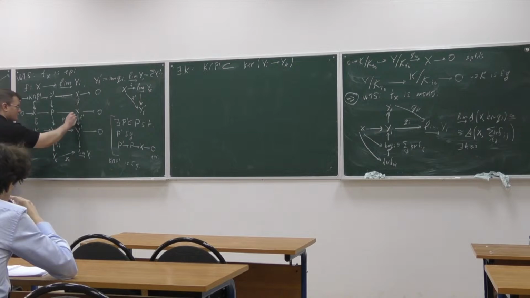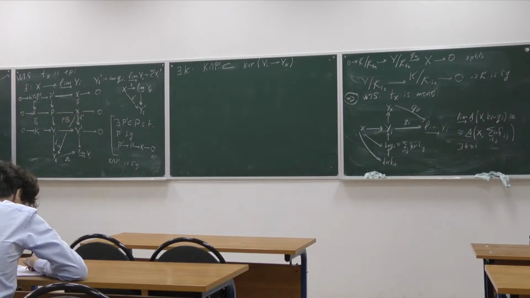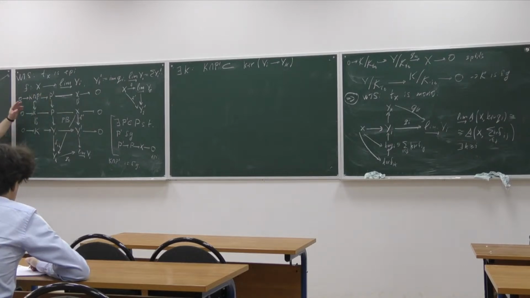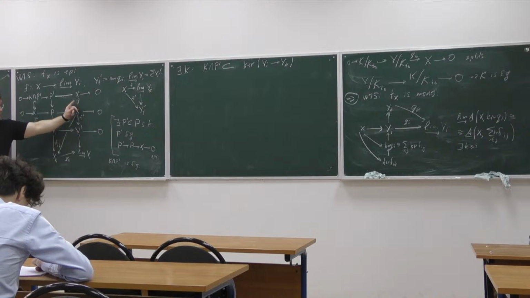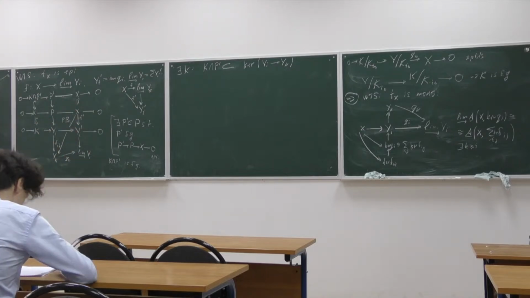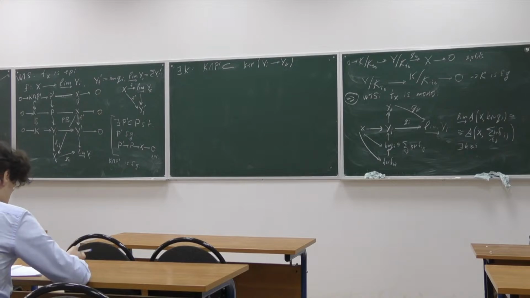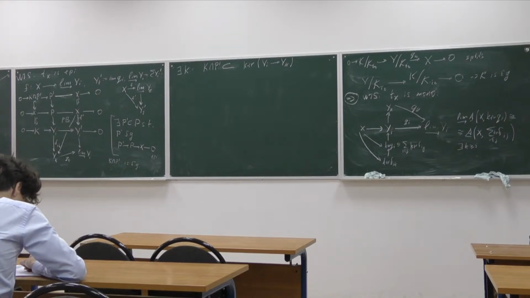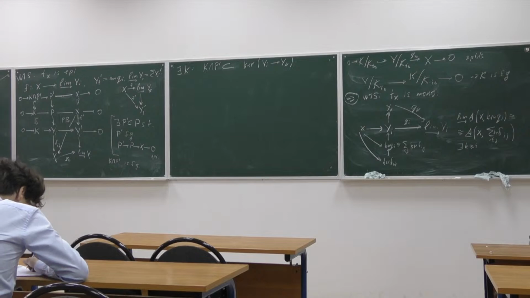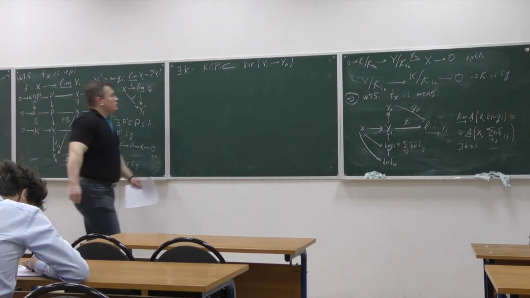So we constructed a map from this x to yk, such that everything is commutative by construction, and if I look at the composition from x to yk with the canonical projection, I get the map that is given to me. And this finishes the proof.